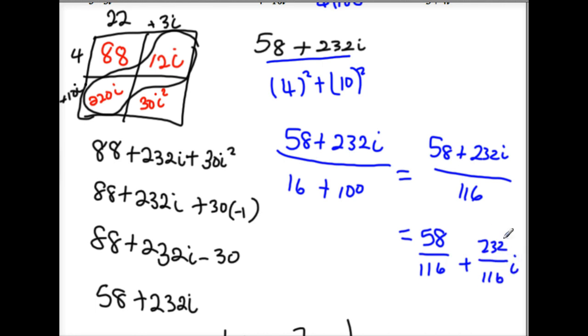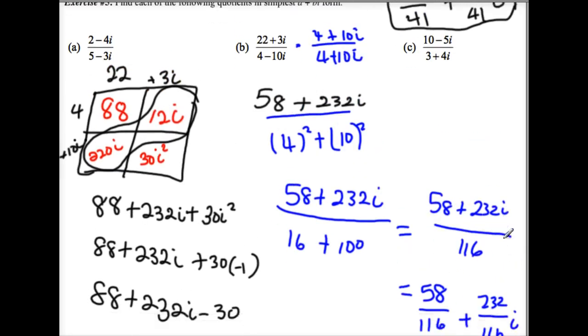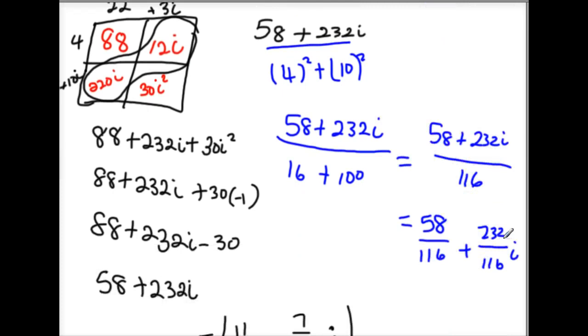And remember, the question says in the simplest a plus bi form. So put this in the calculator. What is 58 divided by 116? You will get this as half plus 2i. 232 divided by 116 is 2. And this is your final answer.